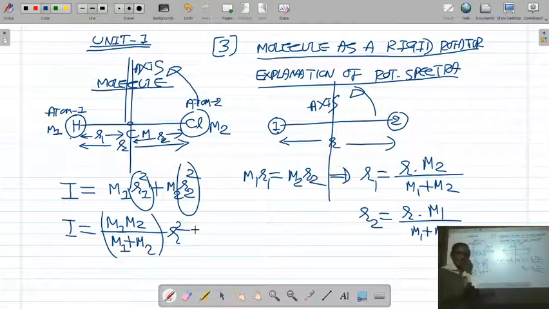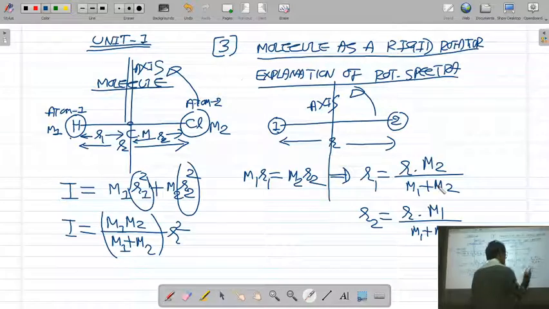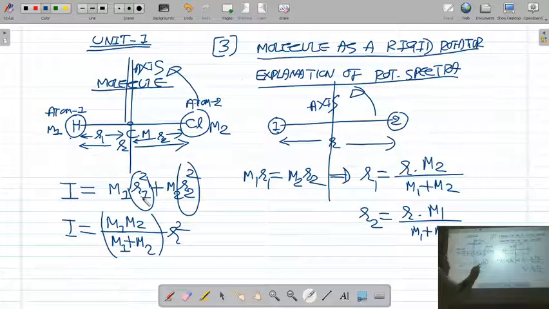This is a very easy calculation. You can do it yourself by substituting r1 and r2 in the main equation of moment of inertia.